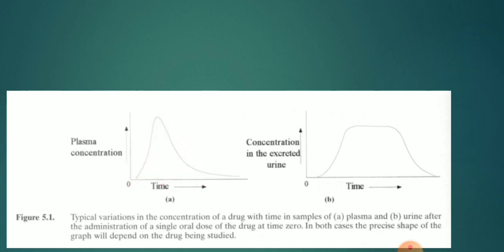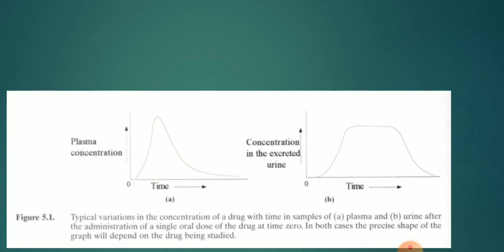Now if a particular drug preparation has both forms, that means oral form and the intravenous form, then the bioavailability of the drug can be determined very easily. How? AUC of this oral preparation divided by AUC of the intravenous preparation of the same drug.